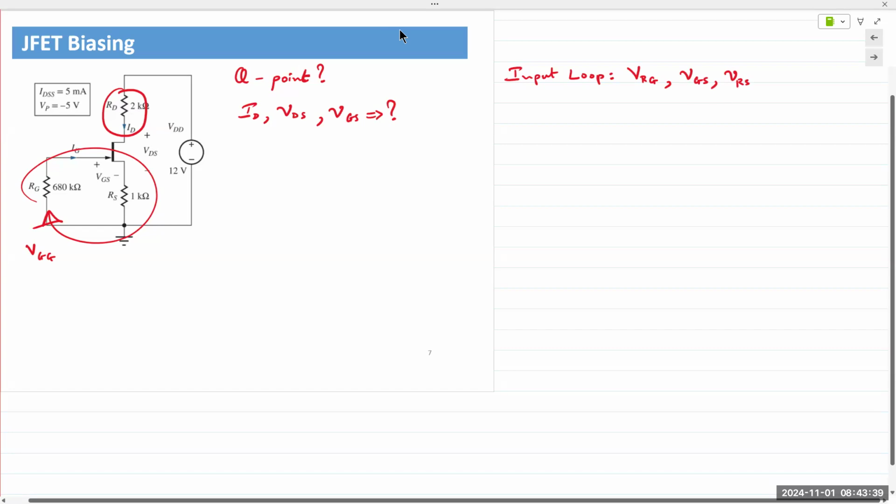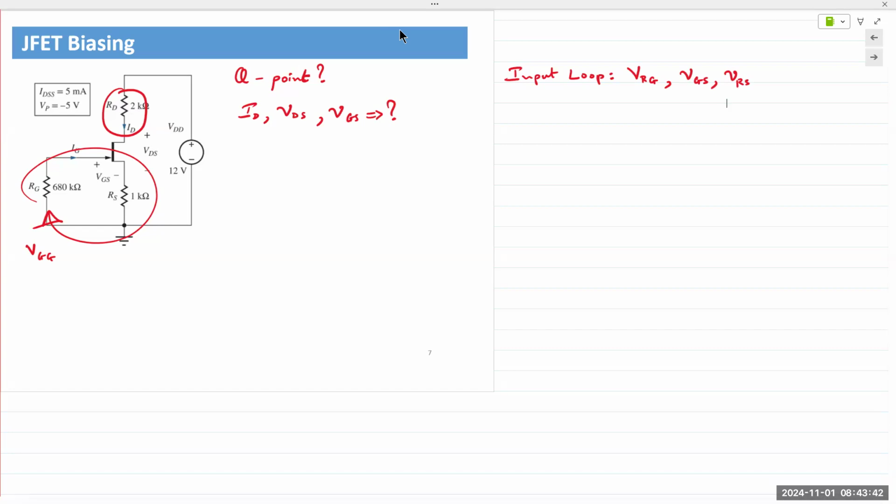Right now, we are not working with currents. We're working with voltages. If you're working with voltages, KVL, right? So we apply KVL. Current is flowing in this direction, so all voltages according to this current direction are positive. So we can write the KVL expression and obtain VRG plus VGS plus VRS is equal to 0.